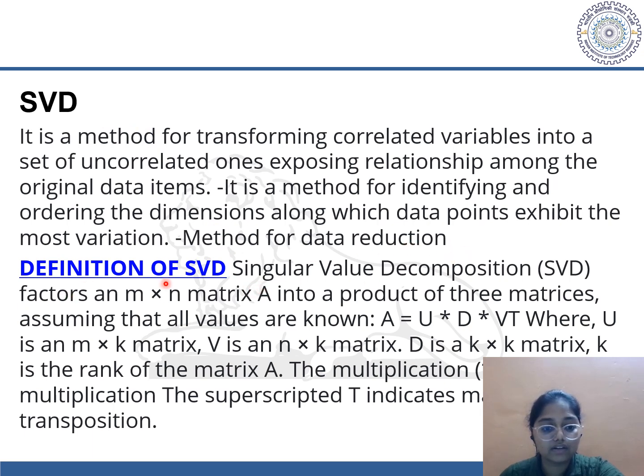A brief definition of SVD is that it factors an M cross N rectangular matrix A into a product of three matrices, that is A equal to U D V transpose, where U is an M cross K matrix, V is an N cross K matrix, and D is a K cross K diagonal matrix. K is the rank of the matrix.